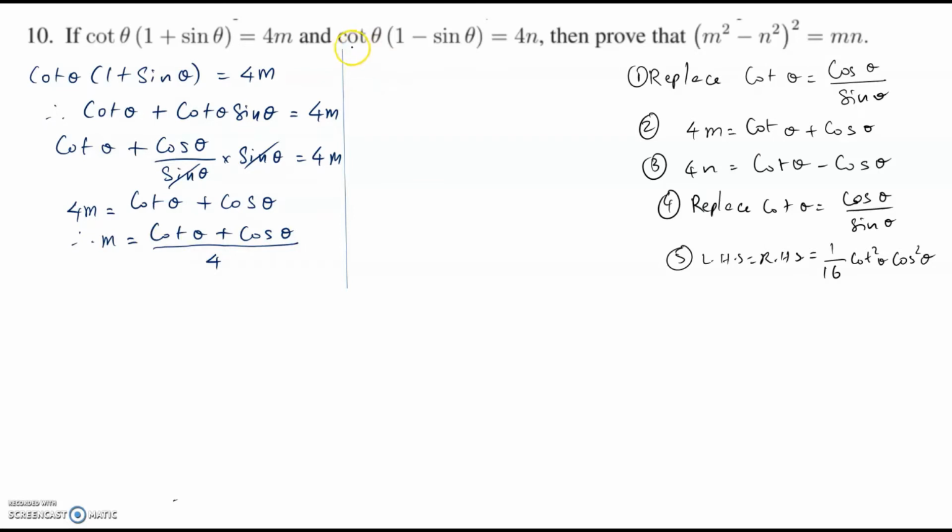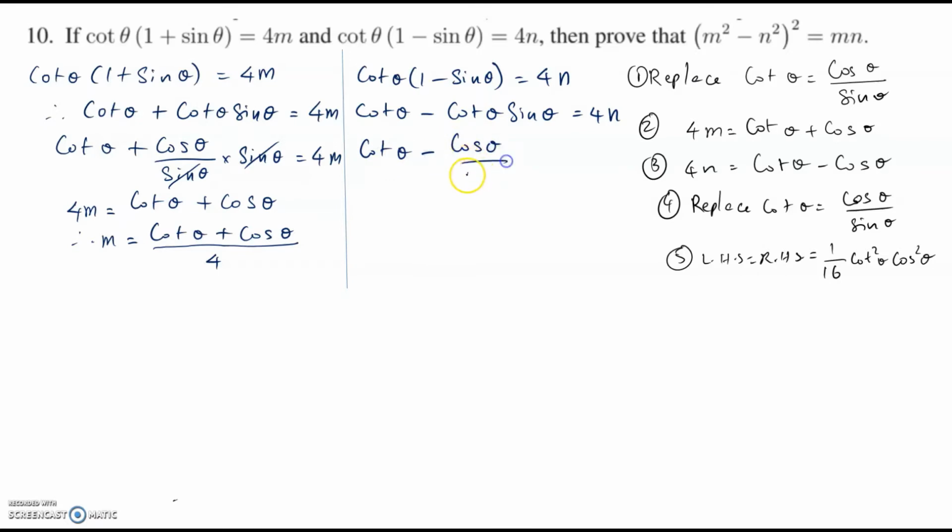Therefore, your m is equal to cot theta plus cos theta divided by 4. Similarly, taking the second expression here, which is cot theta into 1 minus sine theta is equal to 4n. Multiplying it inside, you get cot theta minus cot theta sine theta is equal to 4n. Replacing cot theta with cos theta by sine theta, you get cot theta minus cos theta by sine theta into sine theta is equal to 4n.